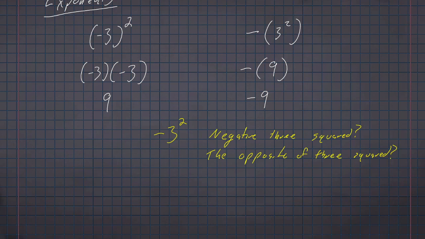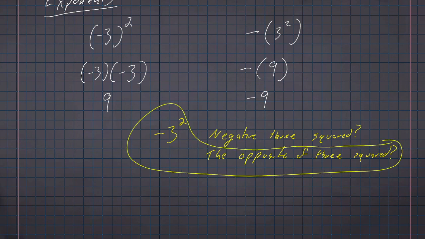The second thing I need to teach you is that many calculators and most computer programs, when they see this, interpret it as the opposite, not as negative. And because opposite is multiplication, this is -1 times 3 squared. -1 times 9, -9.